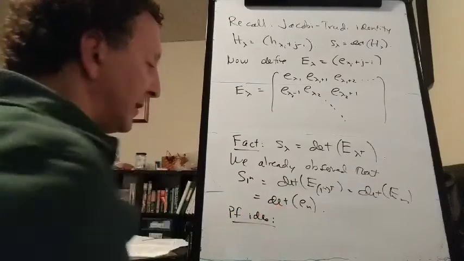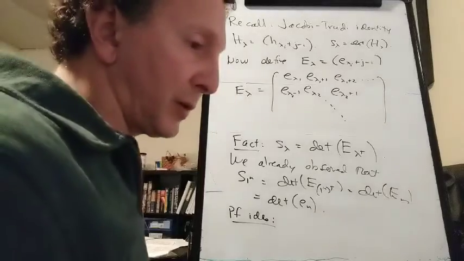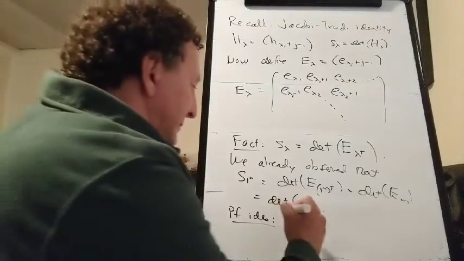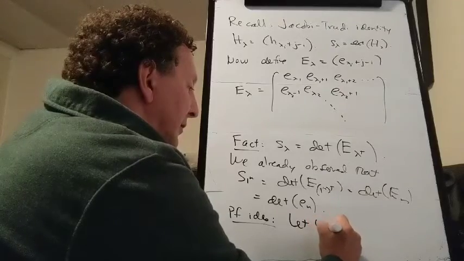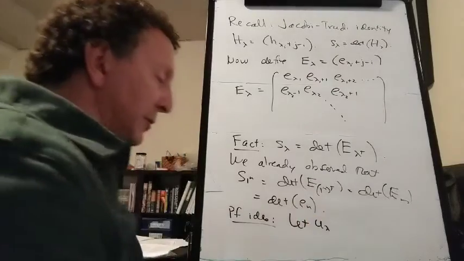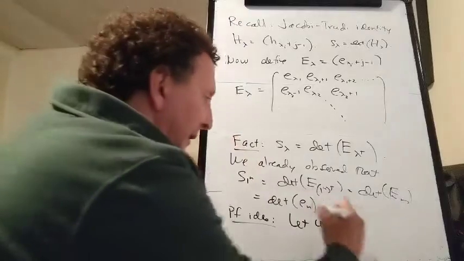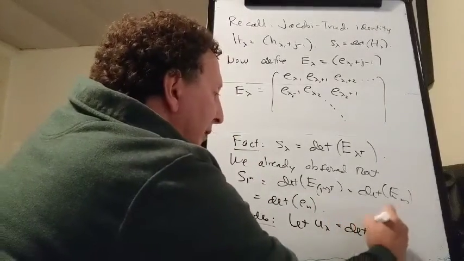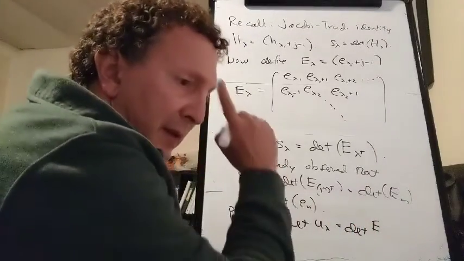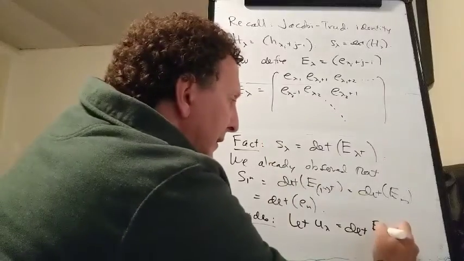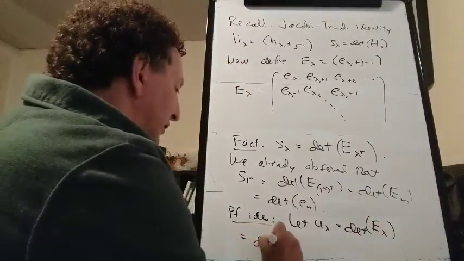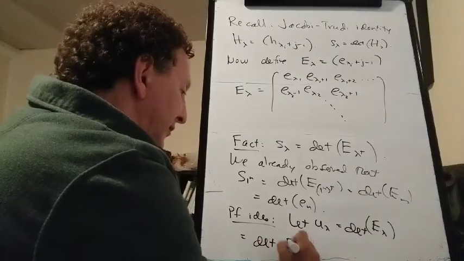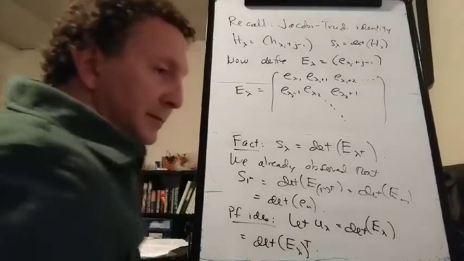The proof idea, I'm going to let you work out the details for homework, is that we can let some symmetric function u lambda, which we don't yet know to be S lambda, be the determinant of the matrix E lambda, which is also the determinant of that same matrix transposed.